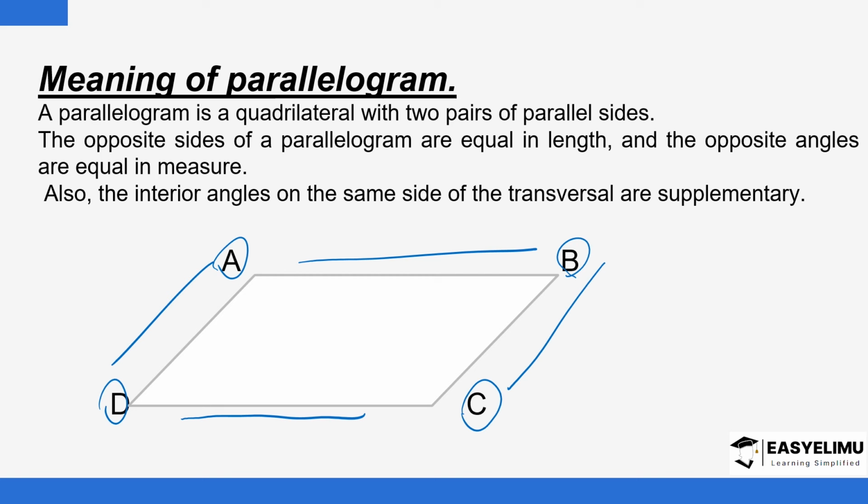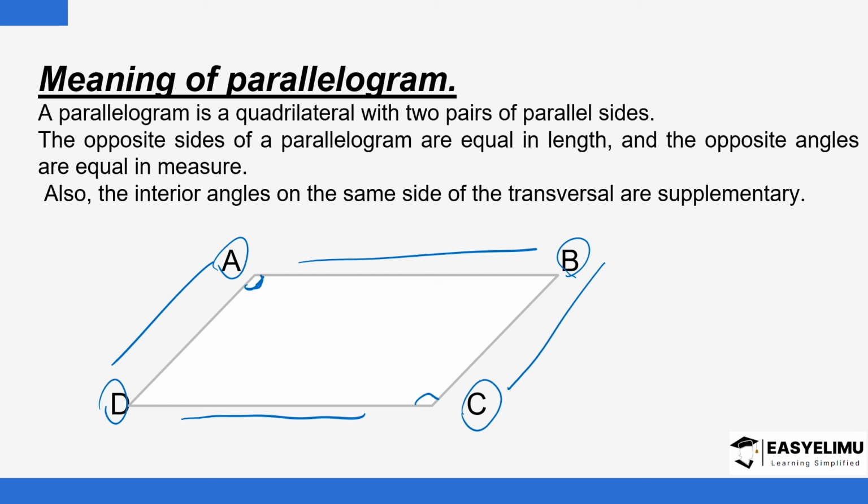That is part of the special characteristics of parallelograms. We also have opposite angles being equal. So we have the angle at A, which can be described as angle DAB, being equal to the other one at C, which can be described as angle BCD. The two angles are equal in magnitude.